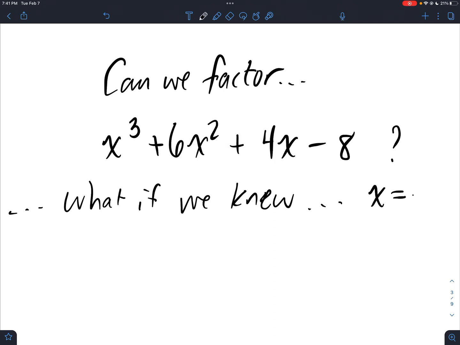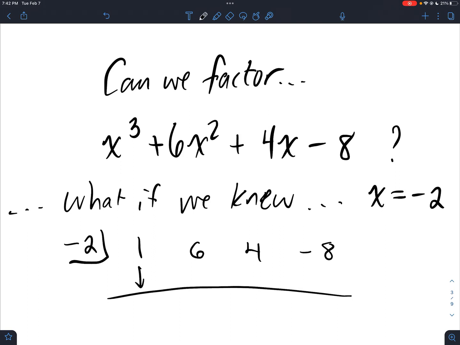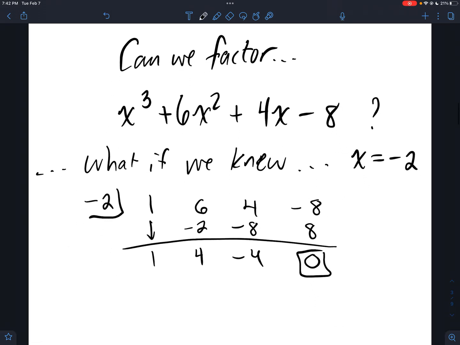So for example, if we knew that x equals -2 is what's called a 0 or a root to this, basically, if we take -2 and we do synthetic division, which I encourage you to watch that video, and if we bring this down, multiply, add down, multiply, add down, multiply, add down, we get that marvelous 0, which means it can be factored. How?